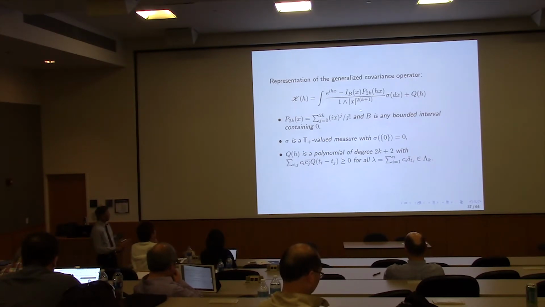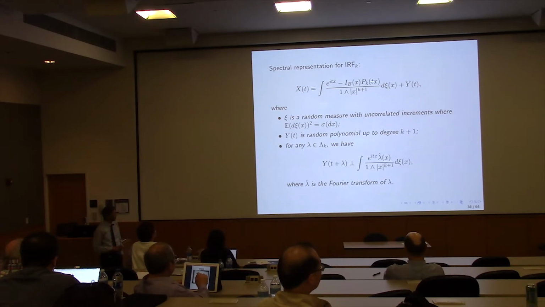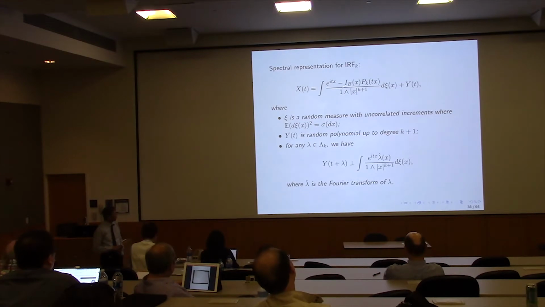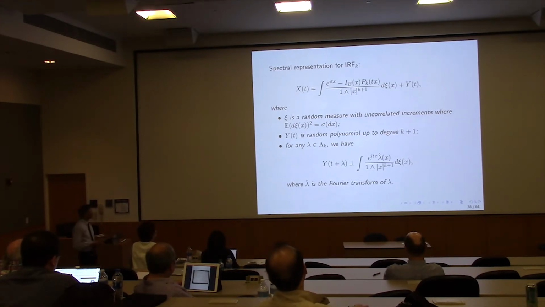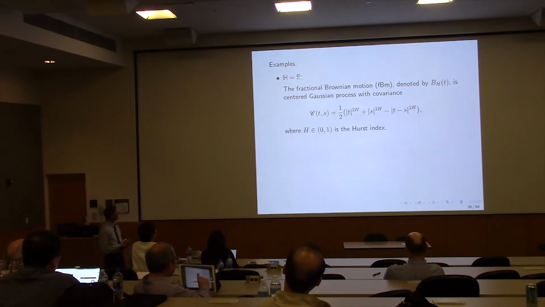I will not get into details of this, only that this is related to the Levy-Khinchin representation of the characteristic function of infinitely divisible distributions. One can also write down a spectral representation for the IRF case, and this is a generalization of Cramer's spectral representation for stationary processes. Okay.